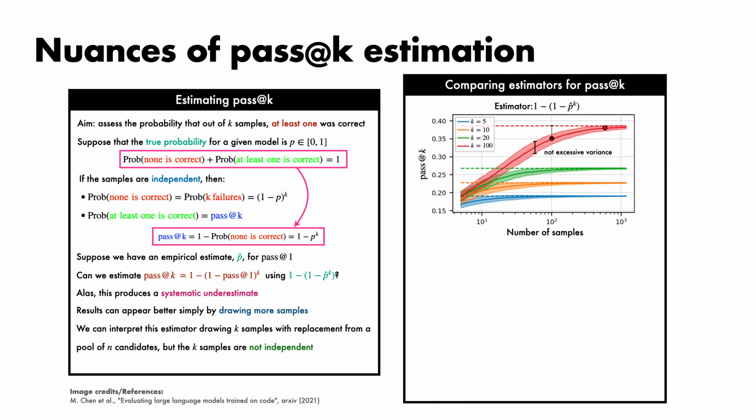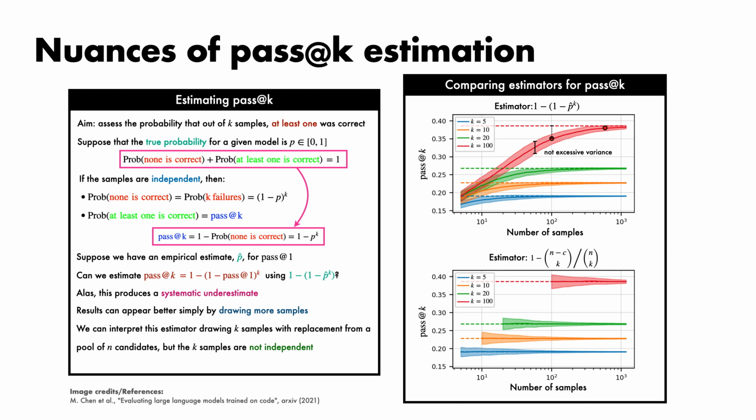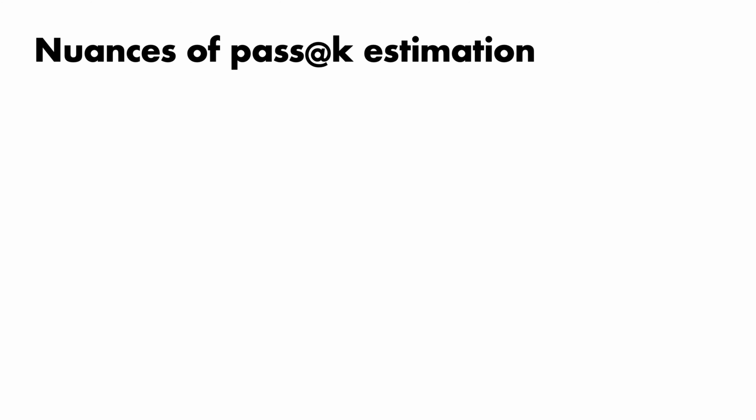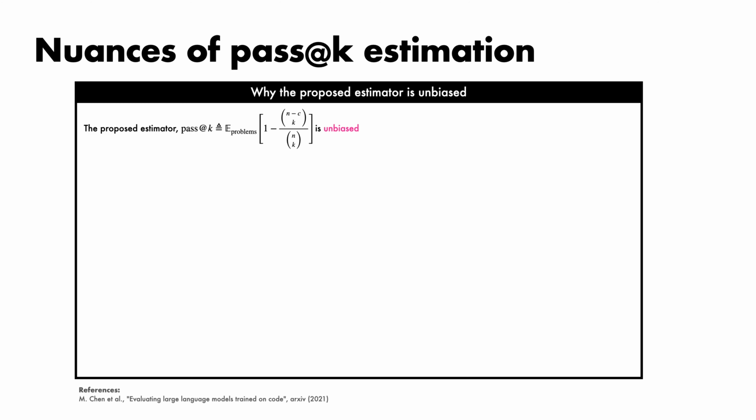Let's compare this to an equivalent plot, but for the proposed estimator. Looking at the width of the shaded regions, we observe a slightly higher initial variance than the plot above. However, unlike the plot above, the estimator is unbiased, allowing us to make a fair comparison across different numbers of samples. Let's now look at why the proposed estimator is unbiased.